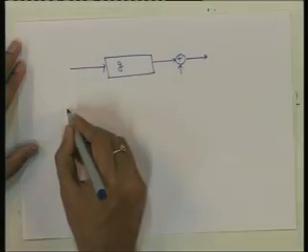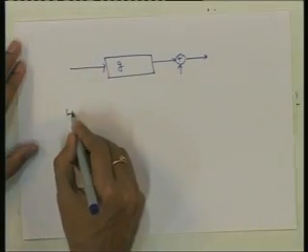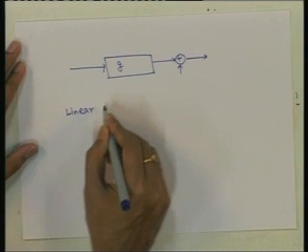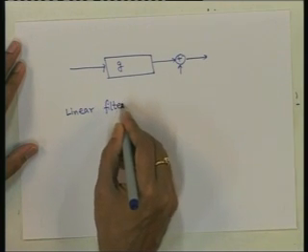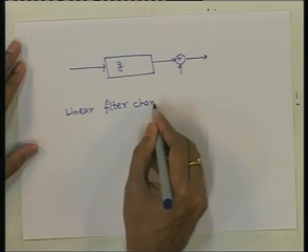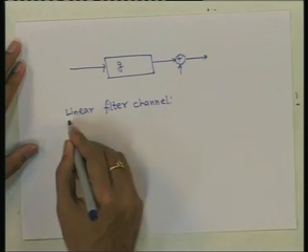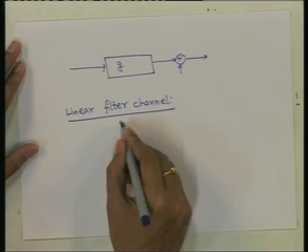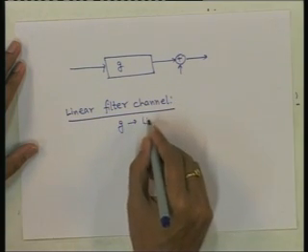That is, the signal, let us first take the discrete time version. So, linear filter channel. In this case, G is a linear filter.